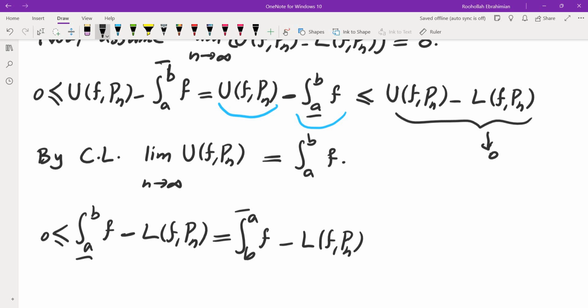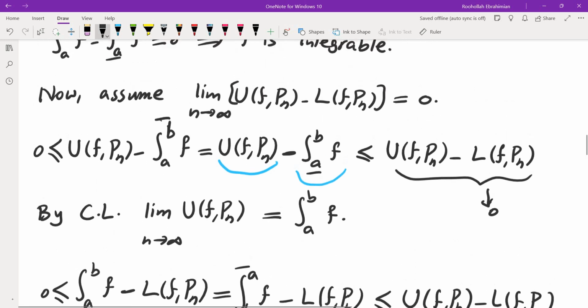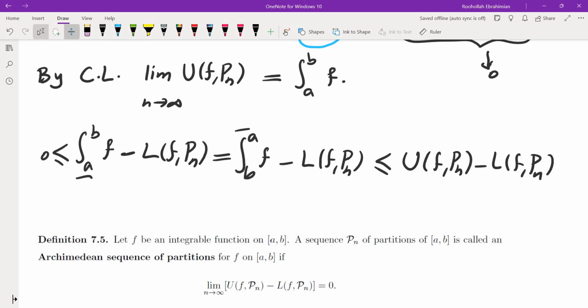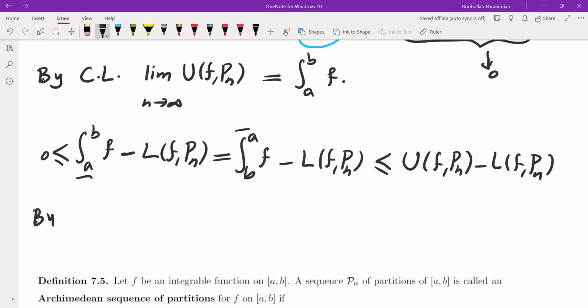But upper integrals are always less than or equal to the upper sums. And then for the same reason, by the comparison lemma, the limit of the lower sum is in fact the integral from a to b of f.